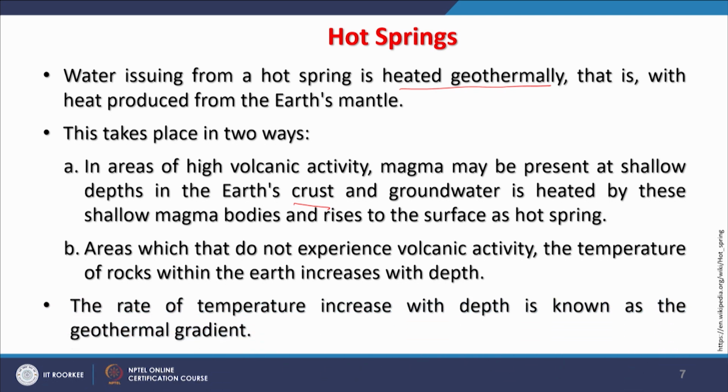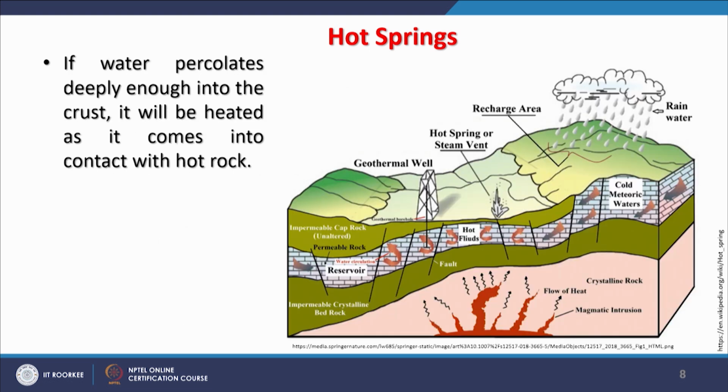So, the rate of temperature increase with depth is known as the geothermal gradient, and people also use this geothermal gradient to estimate at what depth different rocks might have formed which are exposed today on the earth's surface. So, understanding the geothermal gradient is very important, not only for hot springs and thermal springs, but for other kinds of studies also in geology or in our field of earth sciences.